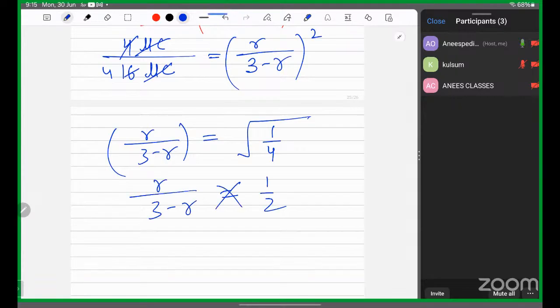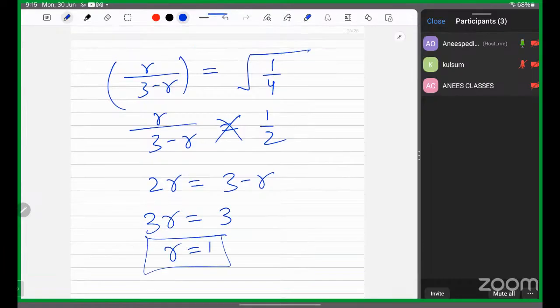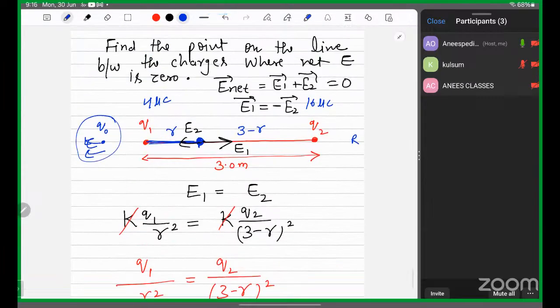If you cross multiply, it will be 2R equals 3 minus R. So 3R will be 3 and R will be 1, which means the point of interest is at 1 meter distance from charge Q1 and at 2 meter distance from charge Q2.